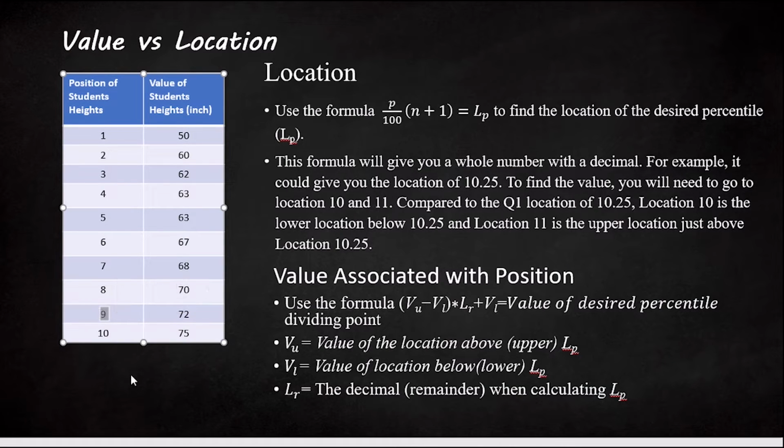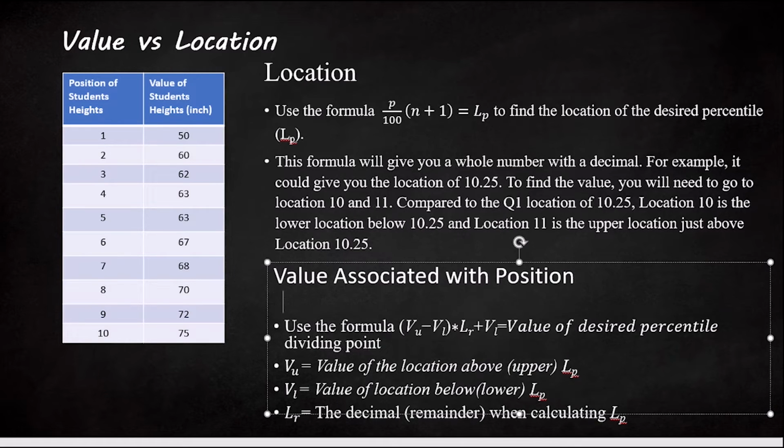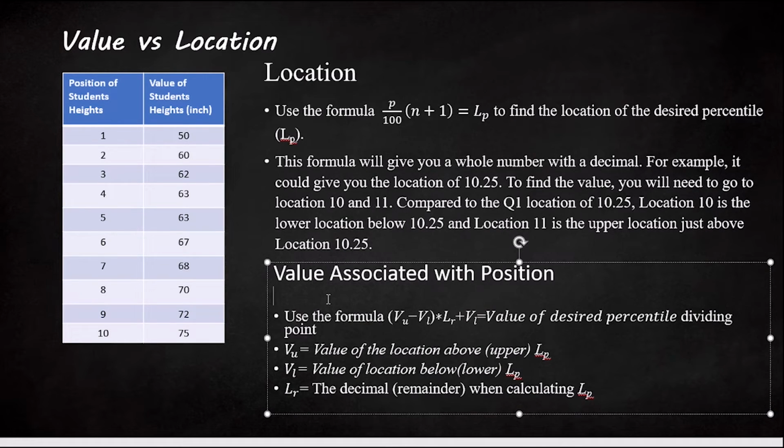When we have a location of 8.25, we're going to use this fun little formula right here. We take the value of the 9th and the value of the 8th. The value of the upper is going to be 72 minus 70, so minus the value of the lower, and then we multiply that by the remainder.